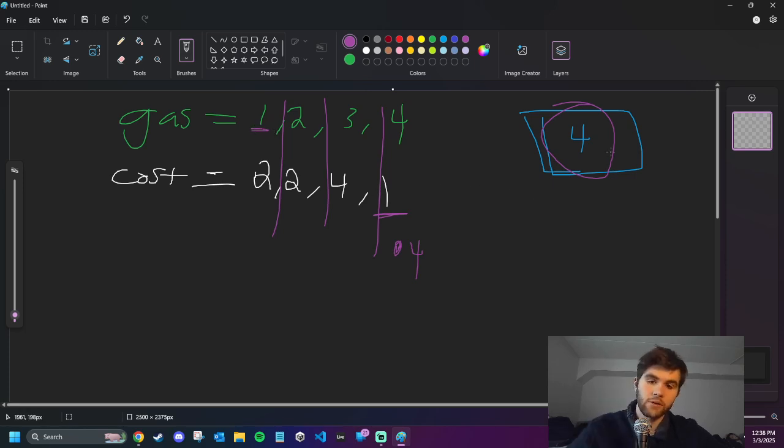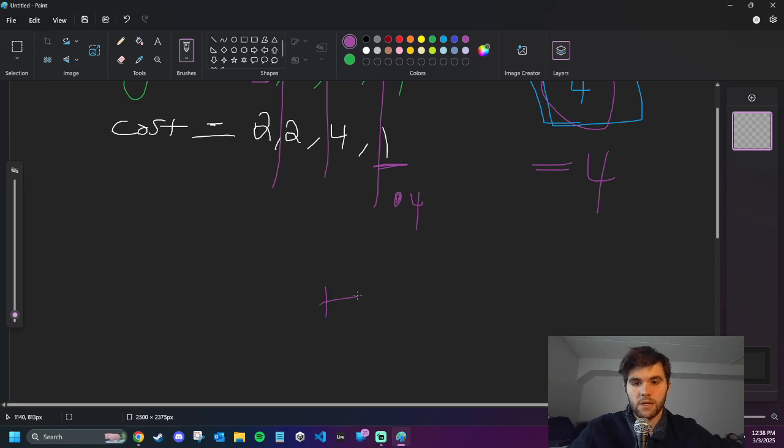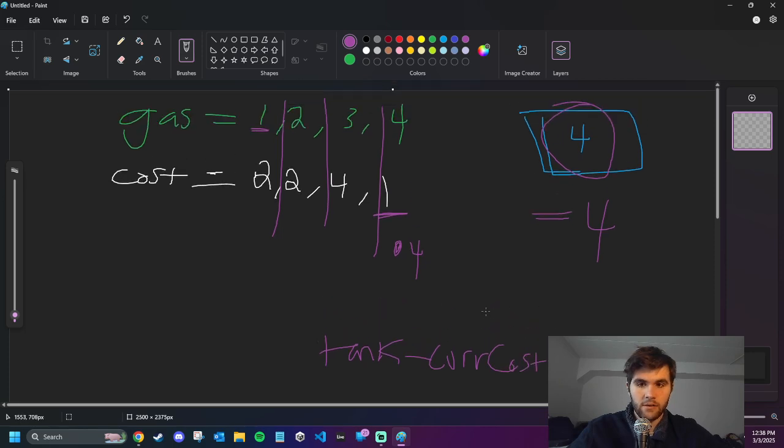So then our tank would be, after one move, 4. So it's your tank minus the current cost plus gas at i+1, basically. Like the gas we'll get at the next station.